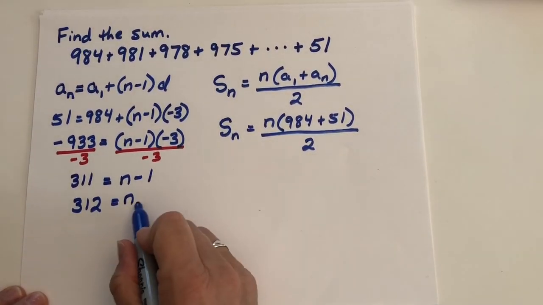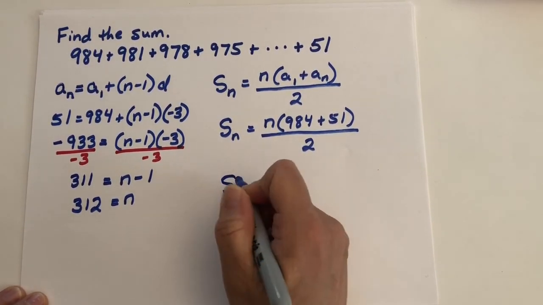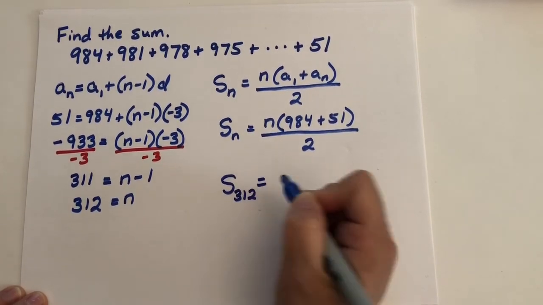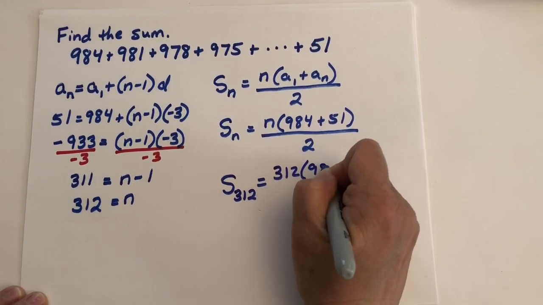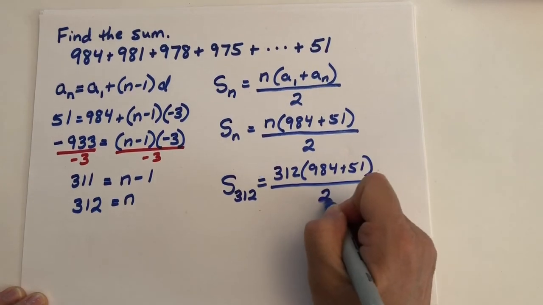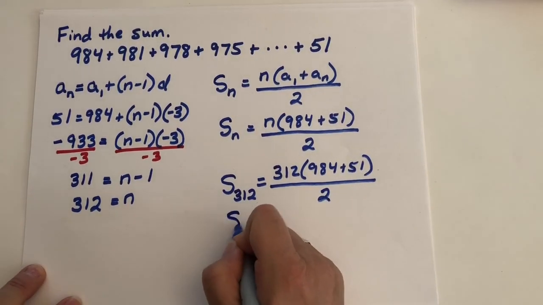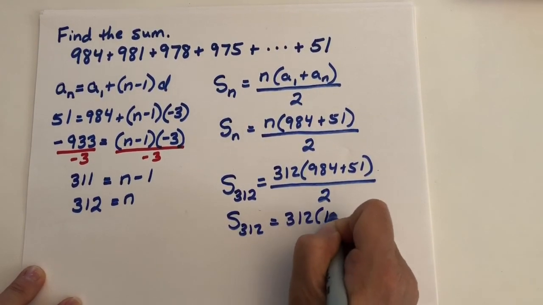So using that value over here, I have the sum of the first 312 terms is equal to 312 times 984 plus 51 divided by 2. And let's see, 984 plus 51 is 1035.